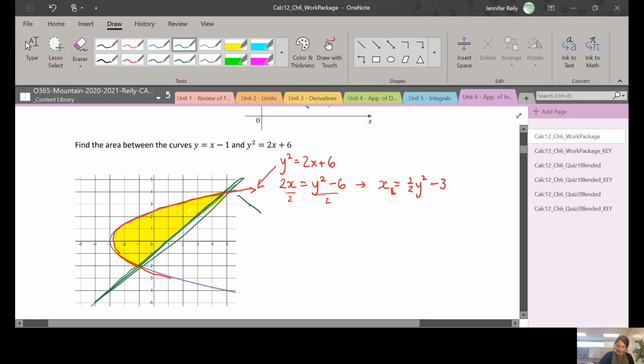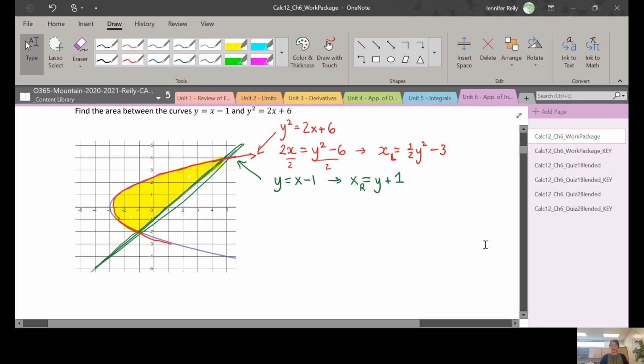And the other graph, the one in green, the straight line, y equals x minus 1, we're just going to rearrange that as well. I'll move the 1 to the other side, so it's x equals y plus 1. So you need to rearrange the equations if they aren't already so that they're written in terms of y, so that we can do the integral in terms of y.